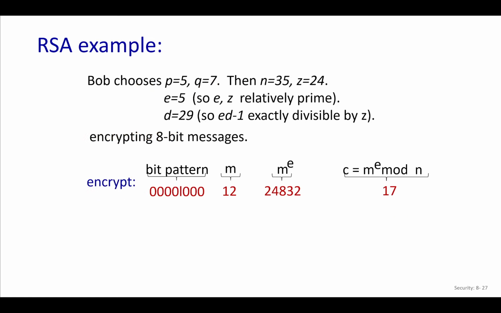So let's have an example for this. This is the example that we had previously. P equals 5 and Q equals 7. Then N equals 35 and Z equals 24. E is 5 and D equals 29. So this is what you select, and then this is what has to be computed. If we multiply this, this is 145 mod 24.